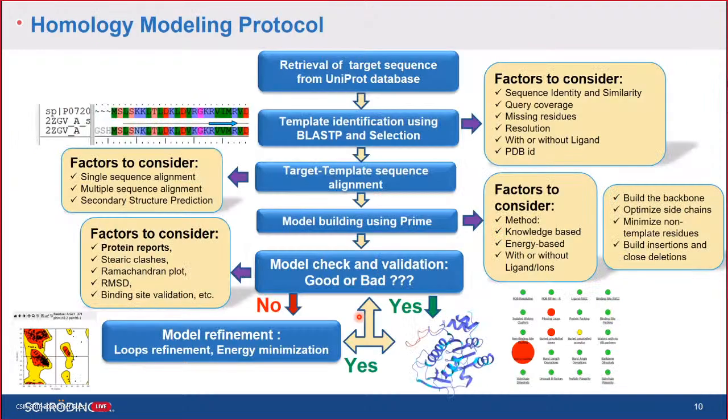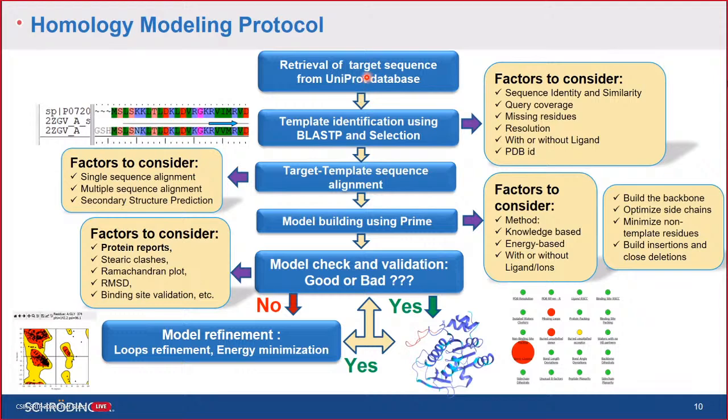There are a few steps involved in homology modeling that you need to know. As I already explained a little bit, homology modeling is to find out the homologous protein. The first minimum requirement is your target sequence.